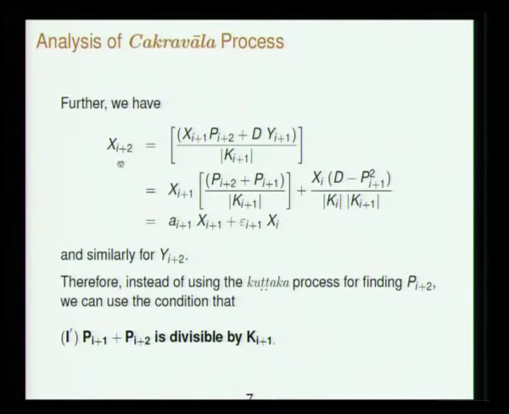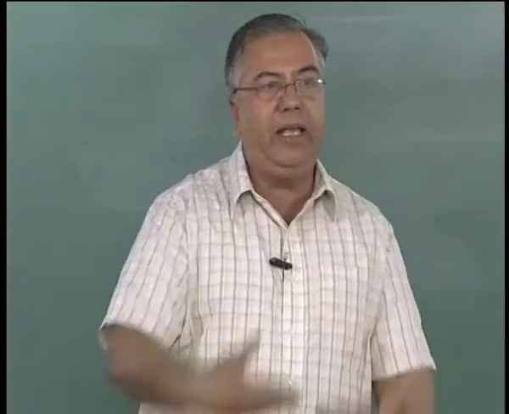And if you write the algorithm for the next step, you will get an equation like this, and that equation can be simplified into this form, which will show you that ai plus 1 or pi plus 2 plus pi plus 1 by ki plus 1, these have to be integers. So Krishnaswamy Iyengar's equivalent version is just obtained by the second iteration of the algorithm. Therefore these were the first 2 points in Krishnaswamy Iyengar's proof.